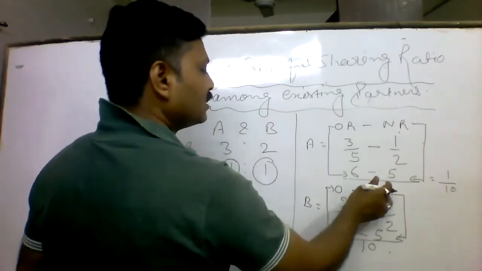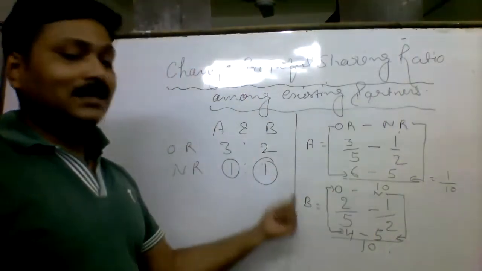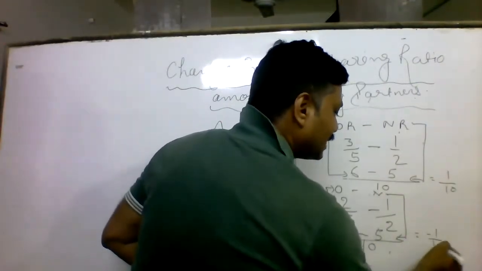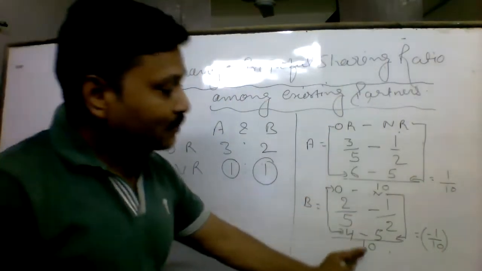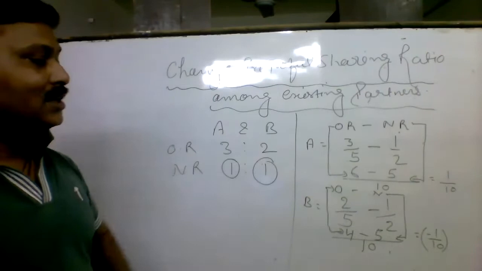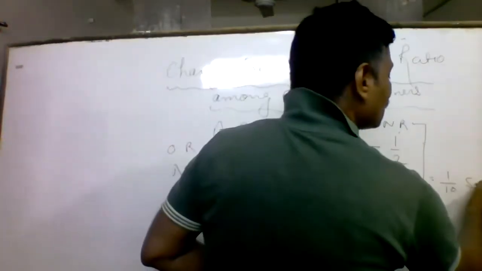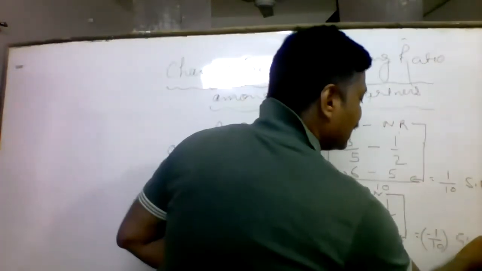This means B is getting more than before. So how much? 4 minus 5 gives minus 1/10, right? It means B is getting 1/10 more than he was getting earlier. So we can say that A is the sacrificing partner and B is the gaining partner.